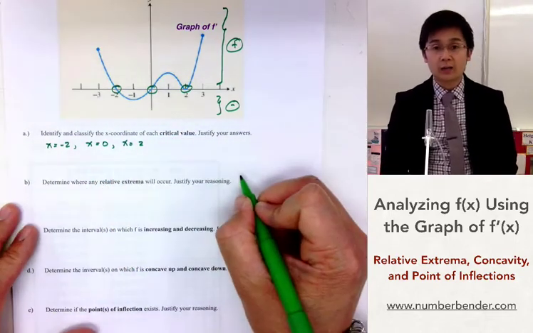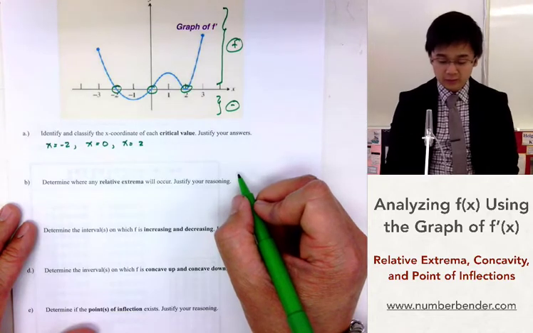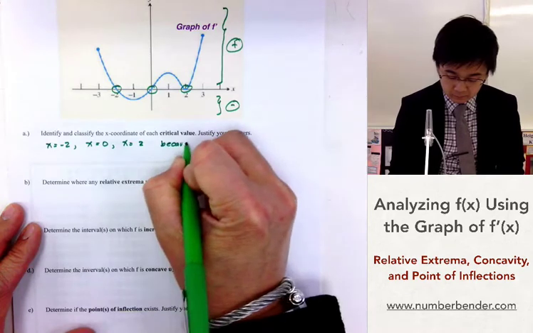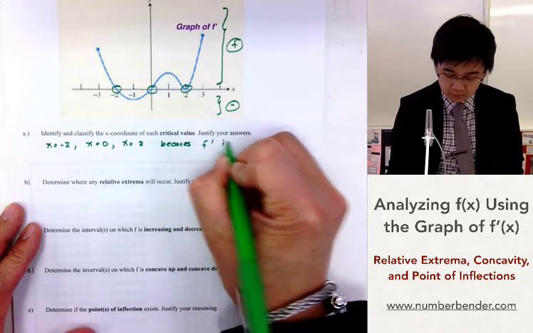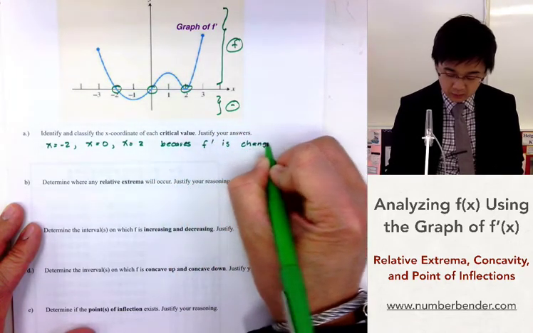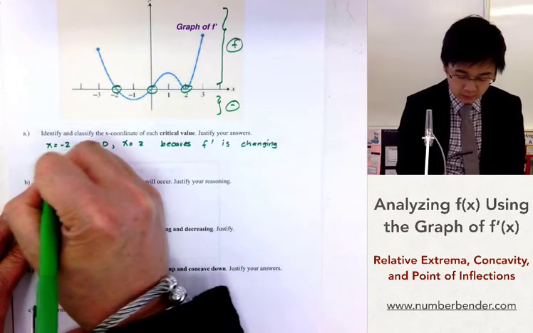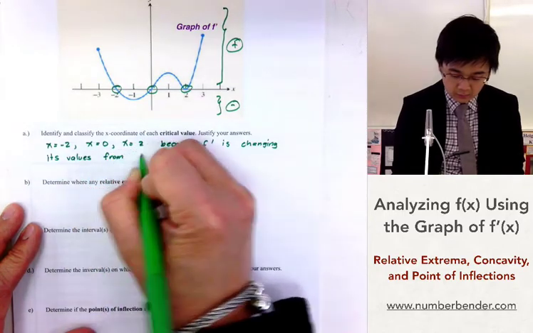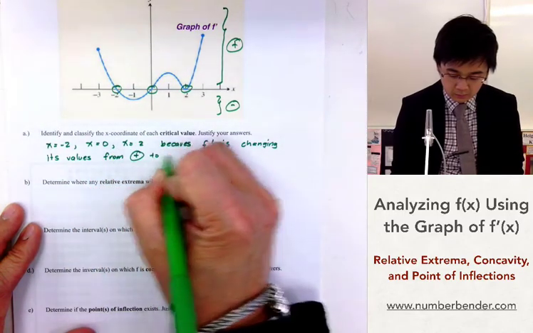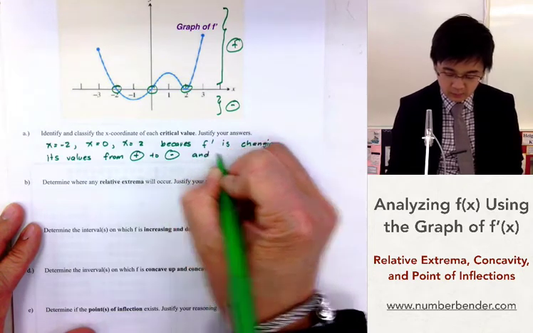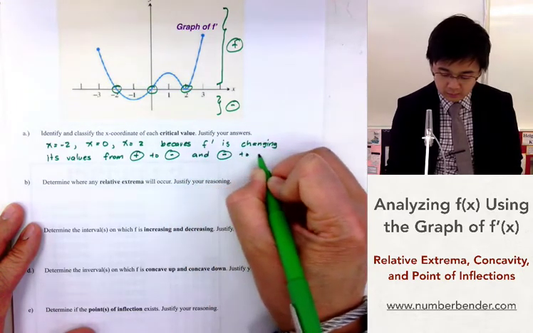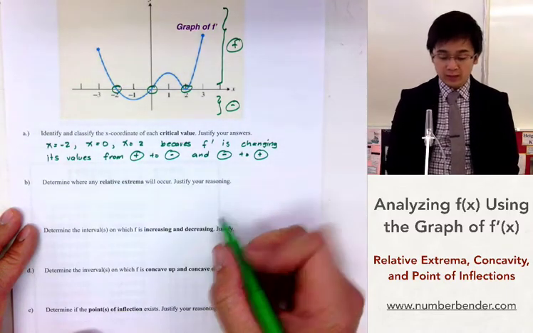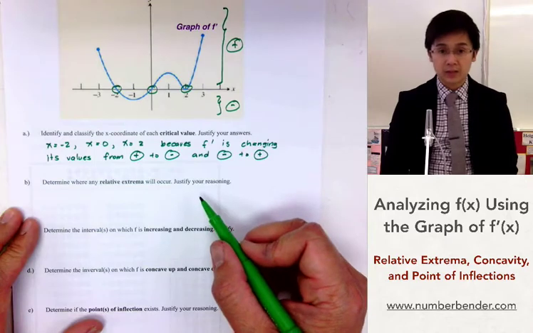And the reason why we have critical values at these values of x is because this is the reason why critical values can be found on the x-intercept given the f prime graph.